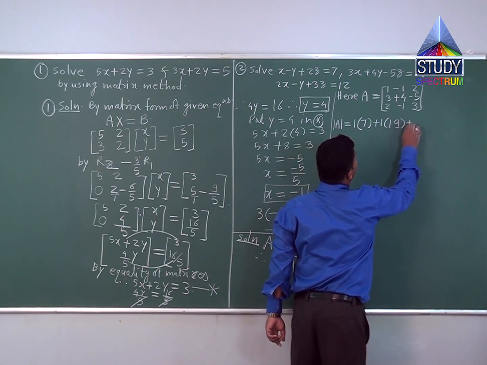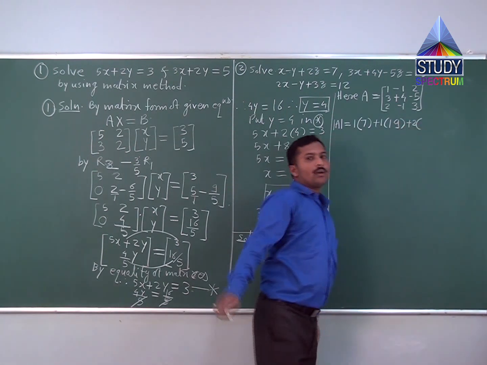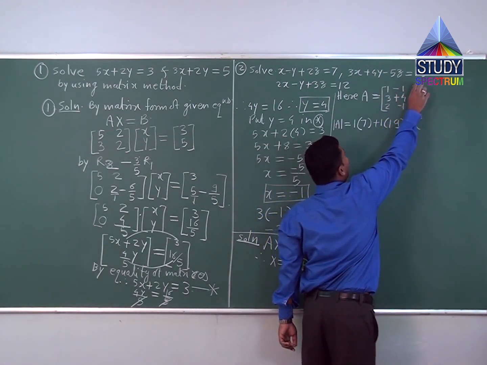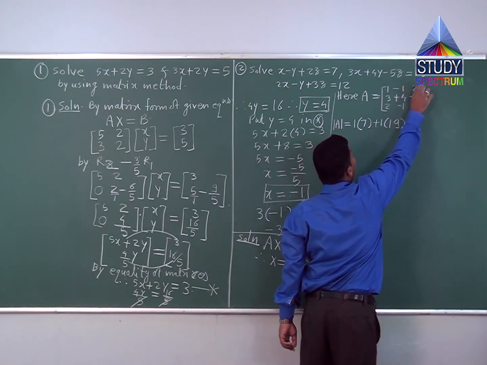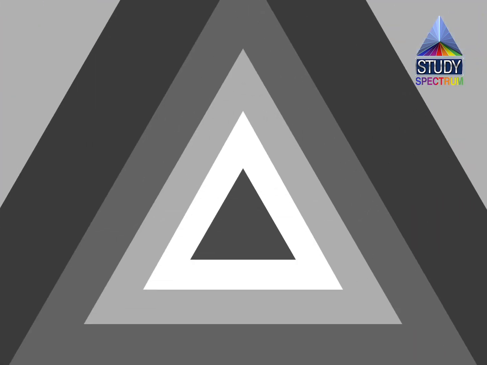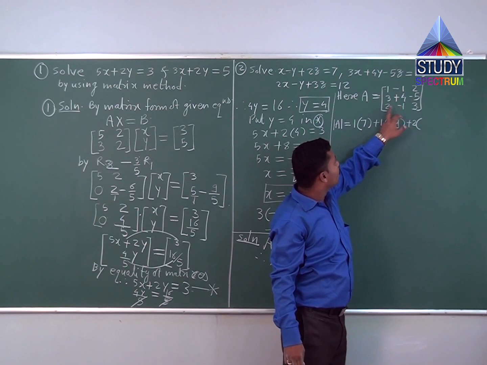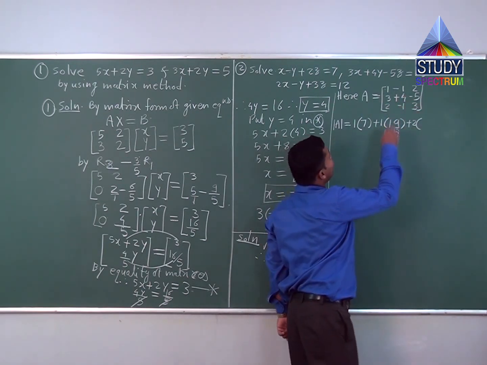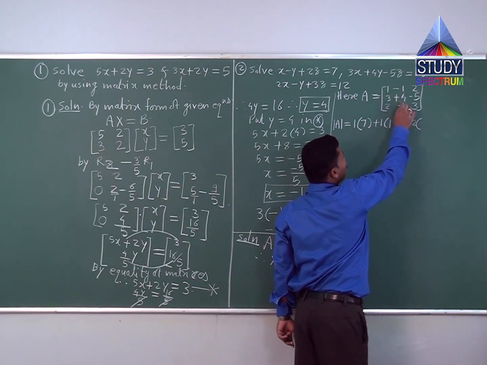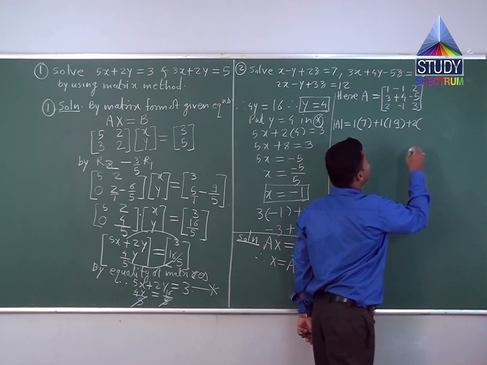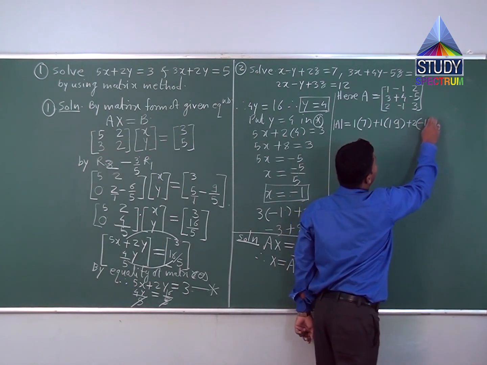Plus 2 into the minor of 2. This means 3 into minus 1 is minus 3, minus 2 into 4 is minus 8, so minus 3 minus 8 is minus 11.